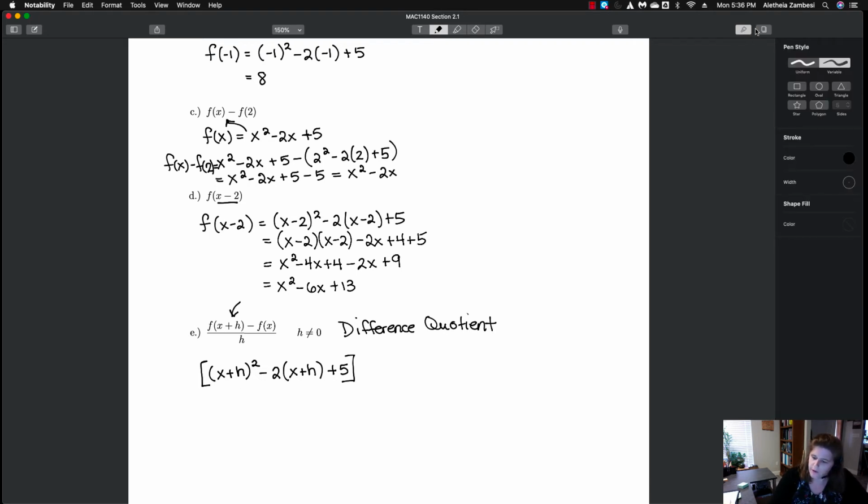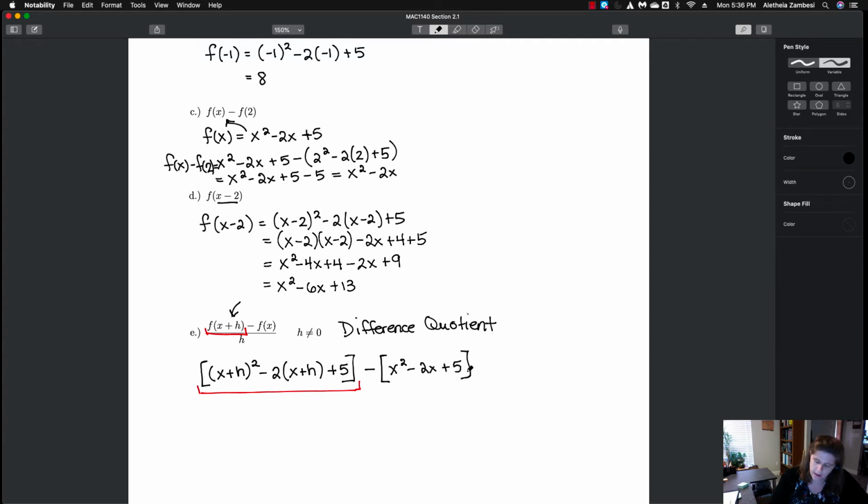The next part in this equation is to subtract f of x. So f of x is our original function. So we want to subtract the original function. So I'm subtracting f of x, which is x squared minus 2x plus 5.